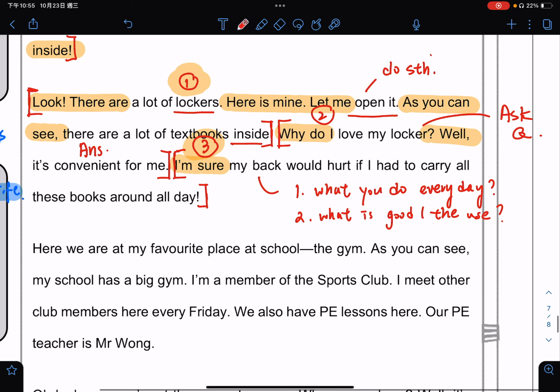The last part, why do you like the school facilities? So in here, you like it because you can protect your back all around the day. So this is the second paragraph. You need to write 3 steps. Okay, 3 steps.